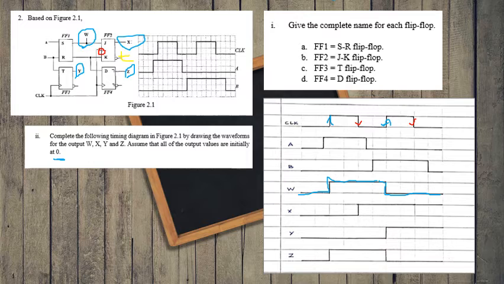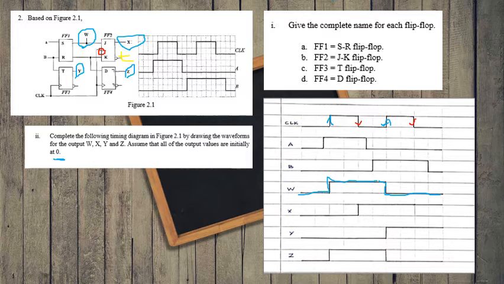So at the first negative edge trigger, you see W is high, so the J is high.